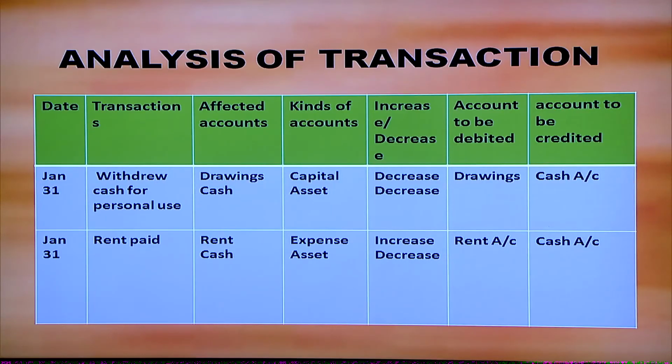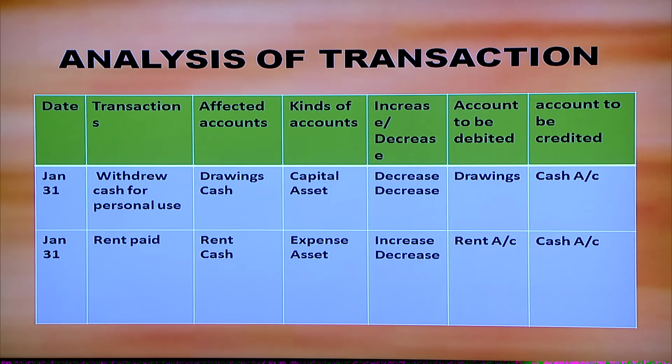So, drawings account is debited and cash is going from the business. Cash can be included under asset account. Rule for asset account: when asset is decreasing, it is credited. So, entry will be drawings account debit to cash. Next transaction: rent paid.